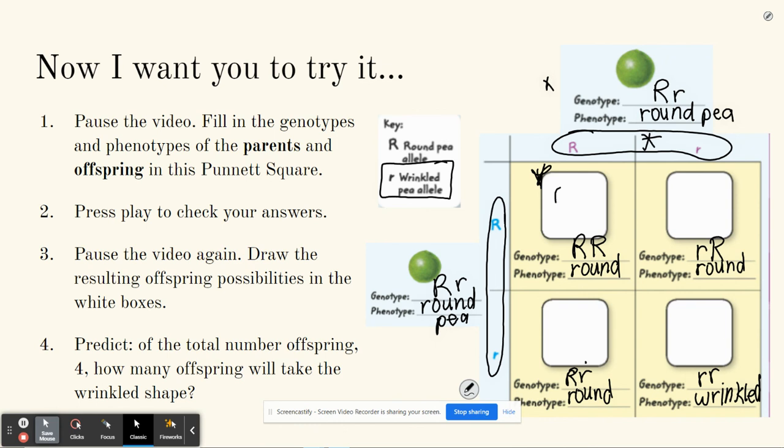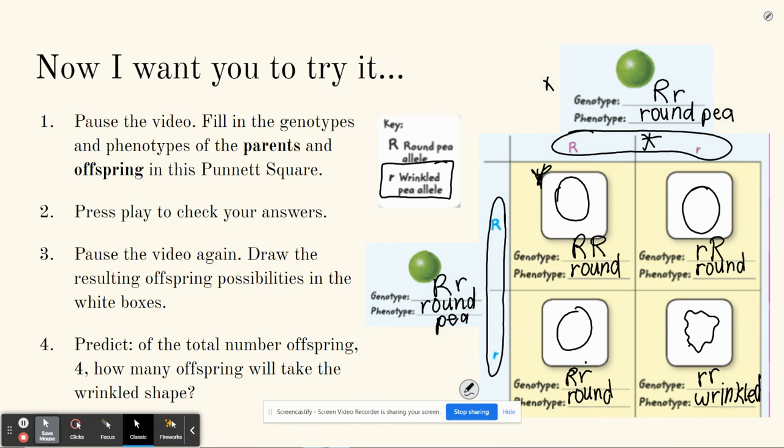I am going to draw a round green pea here. I'm going to draw another round green pea here, another round green pea here. When I get to here, I'm going to actually draw a wrinkled pea because I have the 2 little r's representing that recessive genotype.